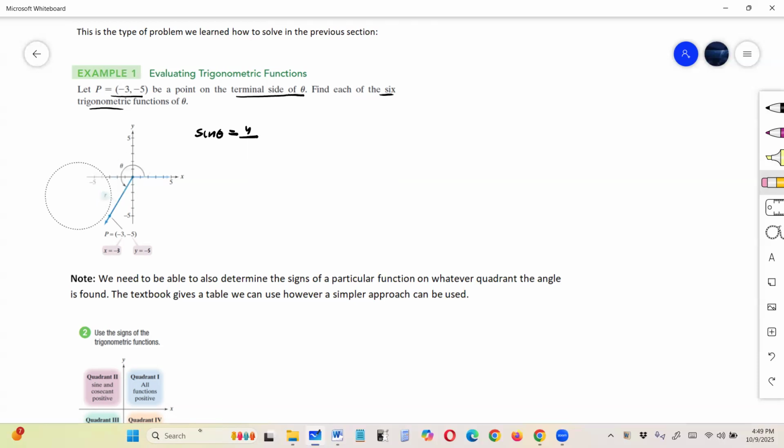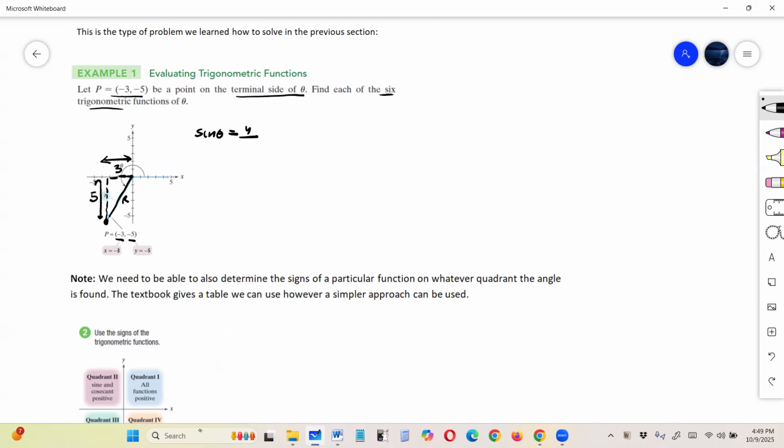So even before we do any of that, I have to find this length, which is the radius. But we know how to do that. If this is 3 and this is 5, right? Because this is x and this is y. Well, professor, but it's negative. Yes, I know it's negative because the point is in the third quadrant, but this segment is positive 5. This segment is positive 3.